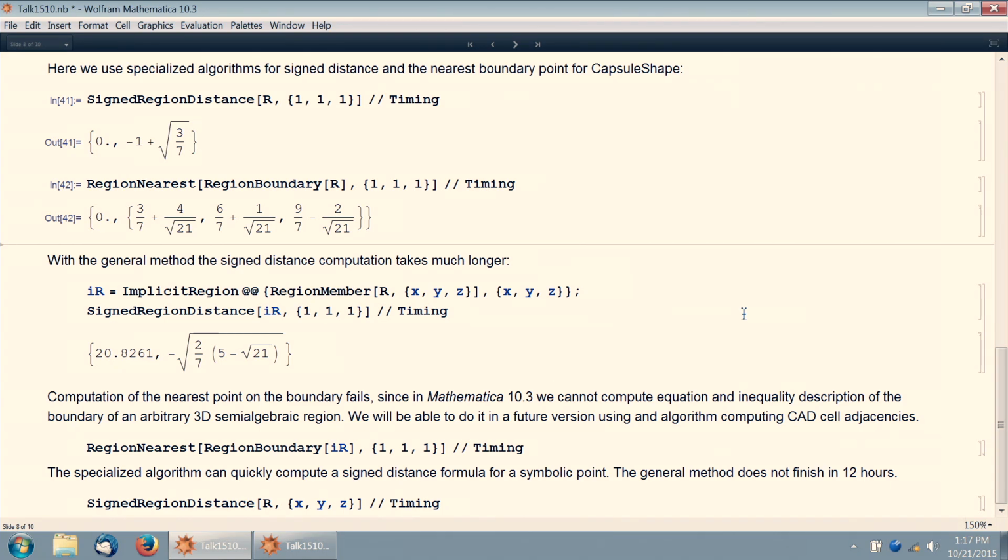Well, actually, it takes a long time and then fails, because in the current version of Mathematica we cannot even compute an equation and inequality description of the boundary of an arbitrary semi-algebraic set in R3. In the next version, we will be able to do it, so at least it won't fail, but it will be slower if we use the general method.